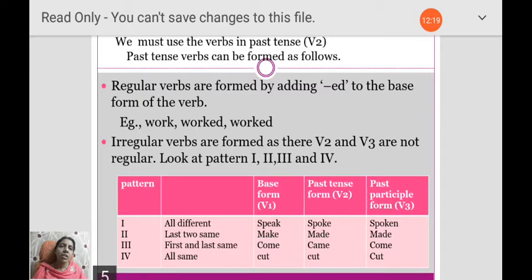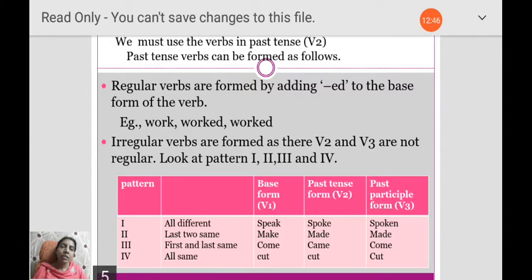The first example is work. To make it past tense, we add ed: worked. To make it past participle, that is the V3 form, we add ed: worked. You can list some other examples, but I'll give you some.